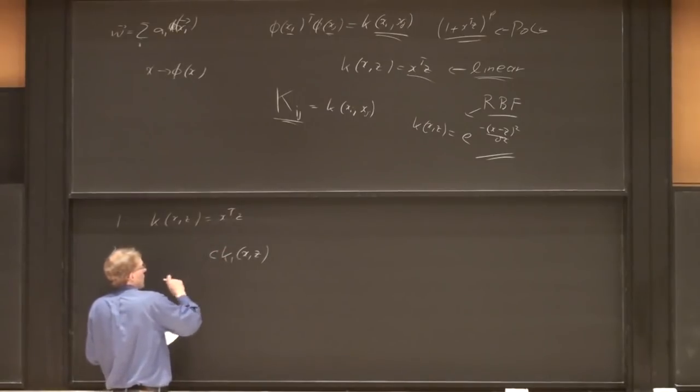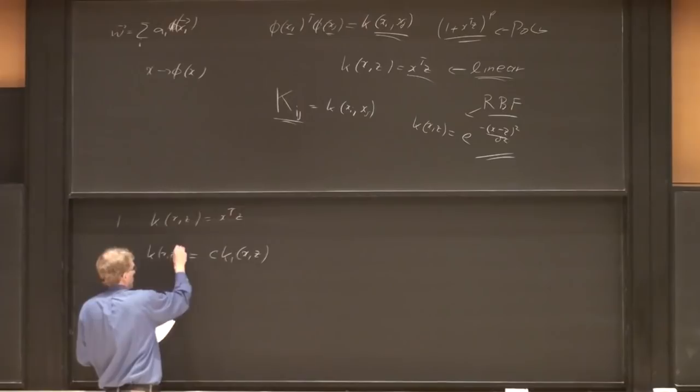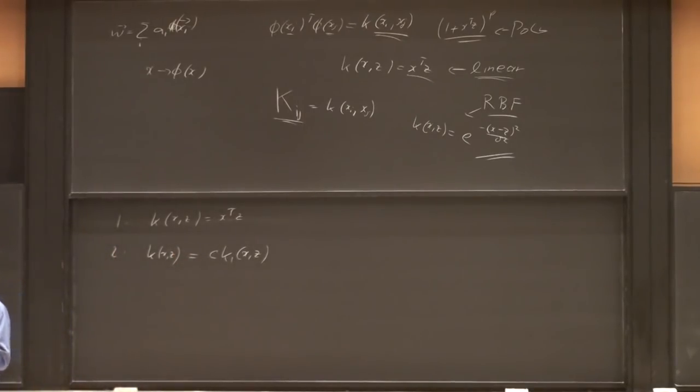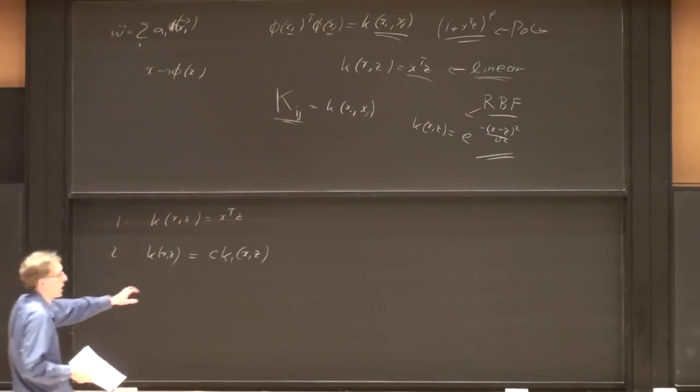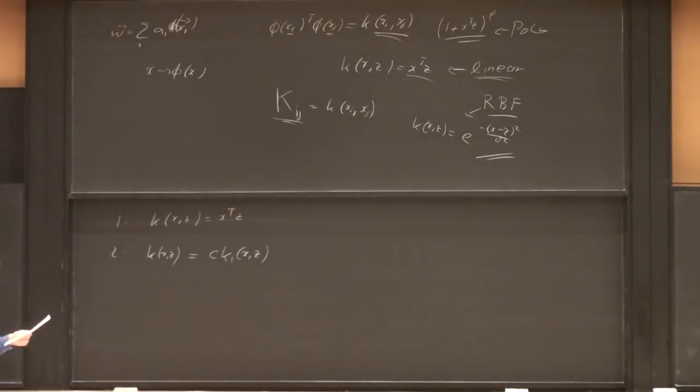So if it's non-negative, this is still a well-defined kernel. Basically just rescaling all my inner products by some positive value still gives me well-defined inner products. Well, that follows right away from the definition of inner products.